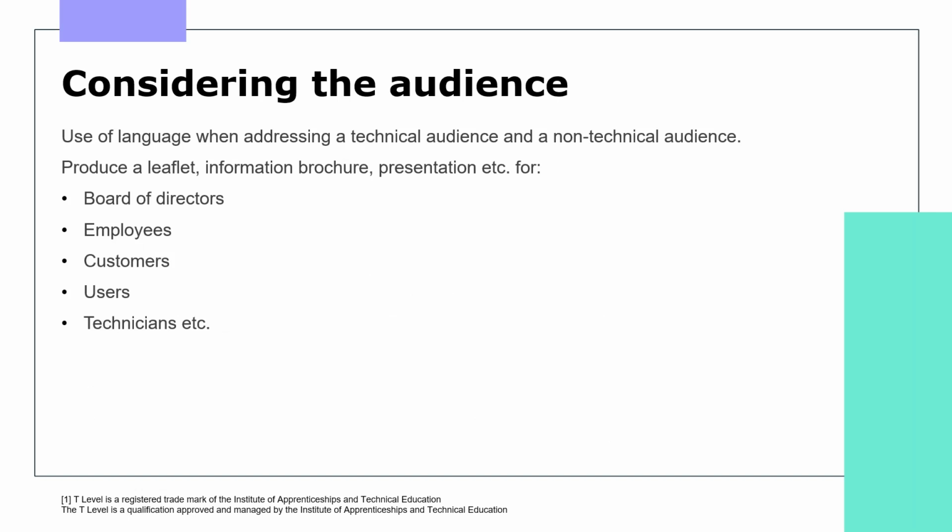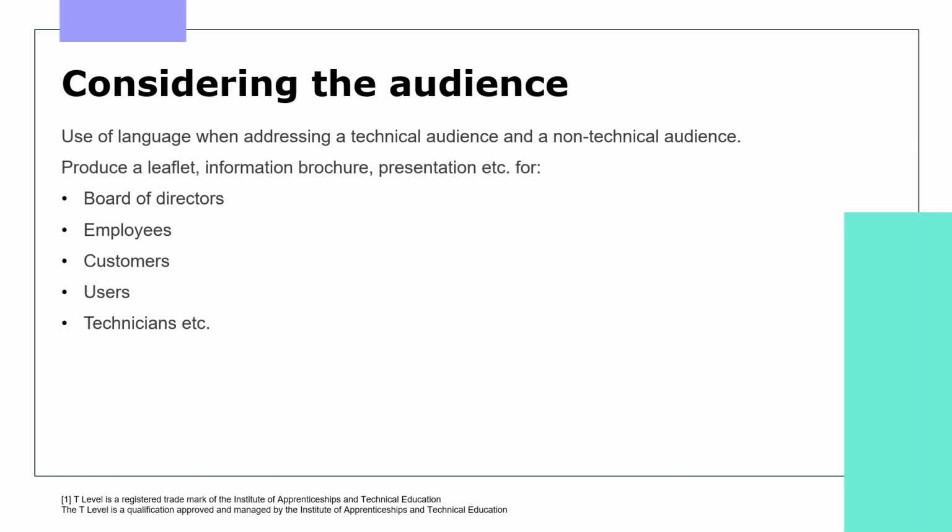Now, considering the audience aspect, as David has already mentioned, that is an important aspect for the T-level, and it is also part of the general competency framework, in those English skills. So what you could do to help students develop these areas is have them produce different materials, such as a leaflet, a presentation, or some form of information package.